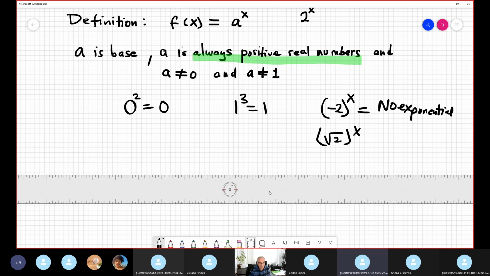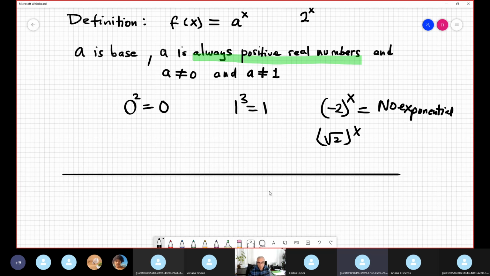This line represents the real numbers, with 0 in the middle. Here I want to analyze the interval where the exponential is valid. Definitely not negative. Not here. Never.